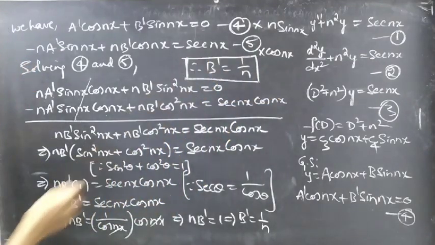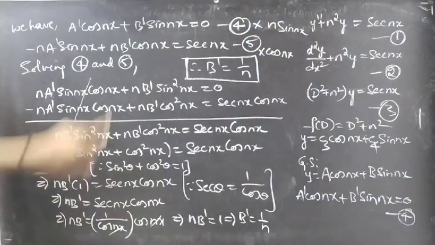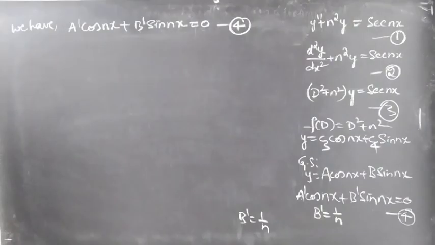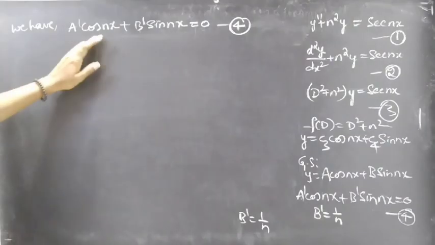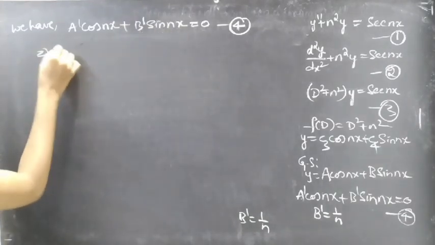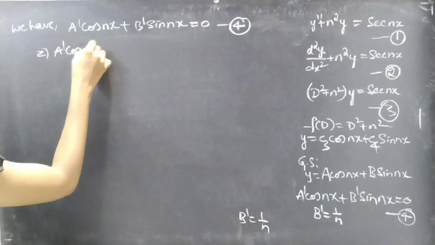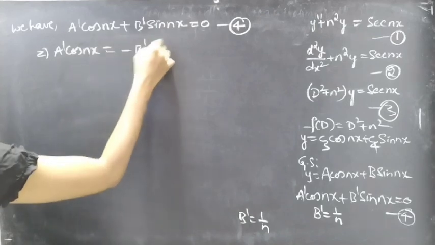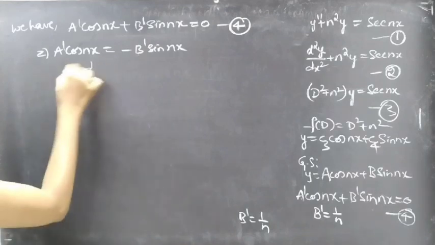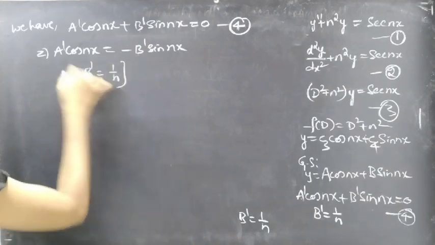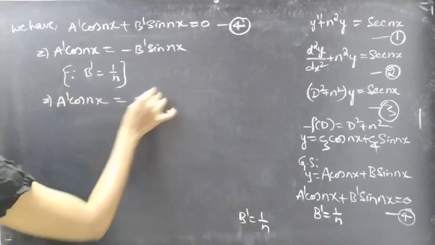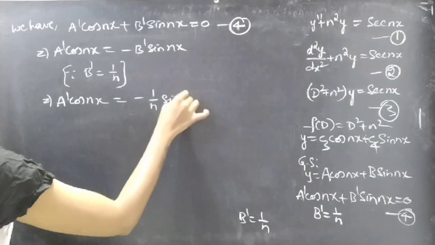We got b dash. Let's now find a dash just by substituting b dash in equation 4. We have equation 4: a dash cos nx plus b dash sin nx equals 0. We can write this as a dash cos nx equal to minus b dash sin nx. Let's now substitute b dash. Since b dash equals 1 by n, this gives us a dash cos nx equals minus 1 by n sin nx.